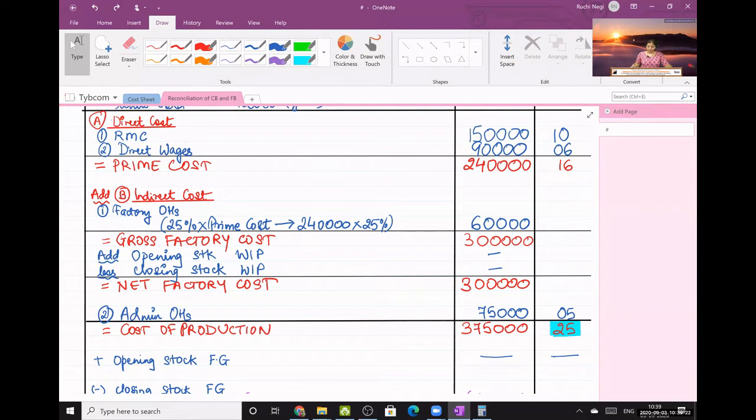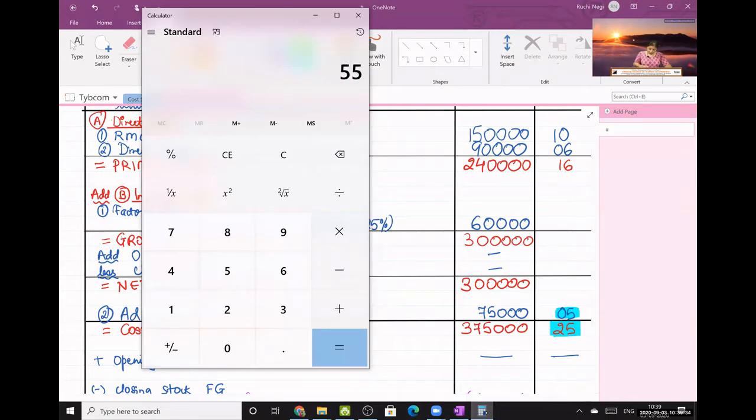Next, admin overheads 5 rupees per unit it is given. So write in the per unit column 5 rupees. 5 multiplied with 15,000 units produced.